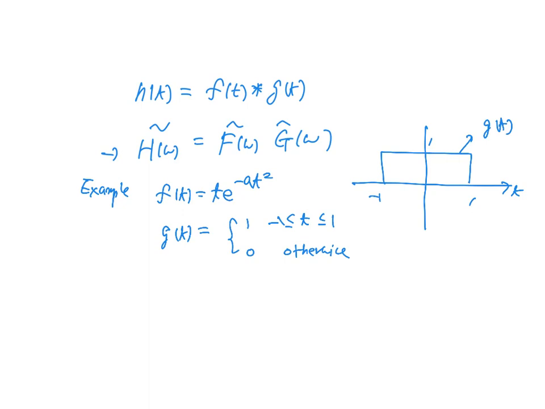So let's calculate this convolution first. The convolution is, maybe you can put it this way, g(t') f(t - t') dt'.